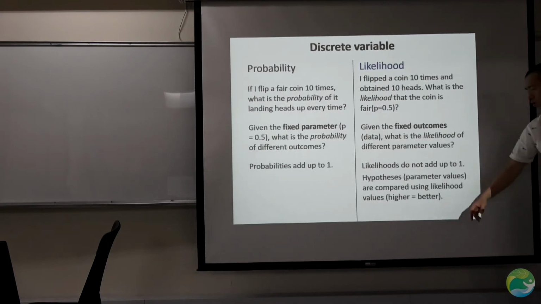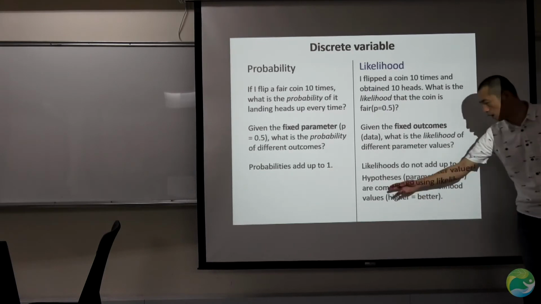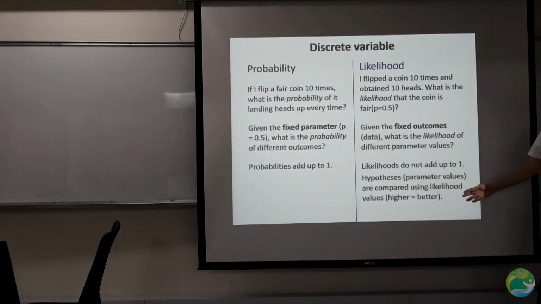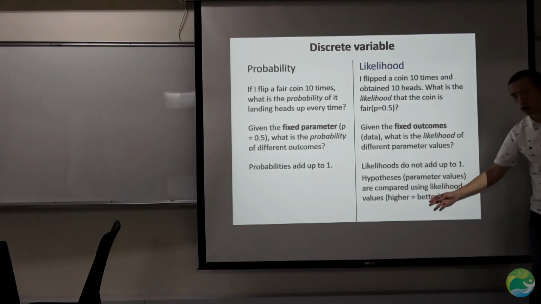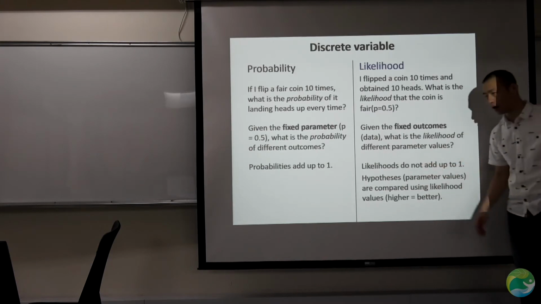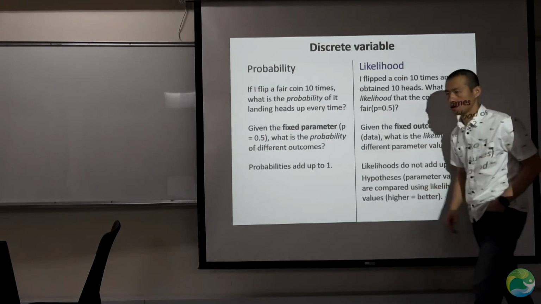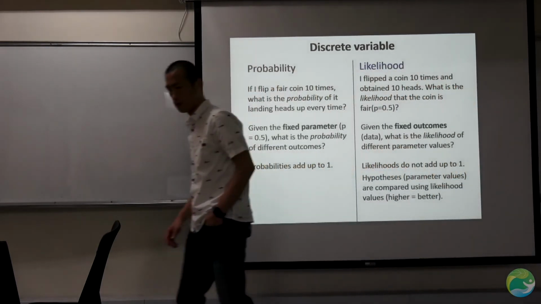So hypotheses or parameter values are compared using the likelihood. Is this parameter likely or not likely? Based on what? Based on the observed data. So higher means more likely, lower means unlikely.